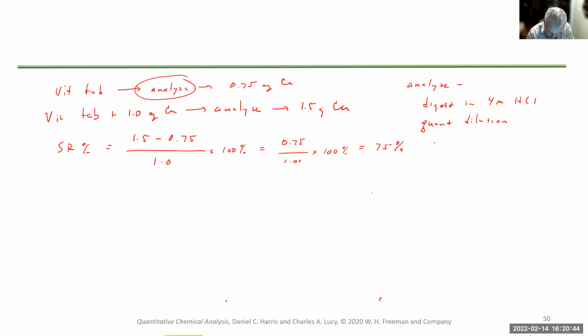You centrifuge and you aliquot, and then you measure this against standards on the ICP. And this is all called sample preparation.